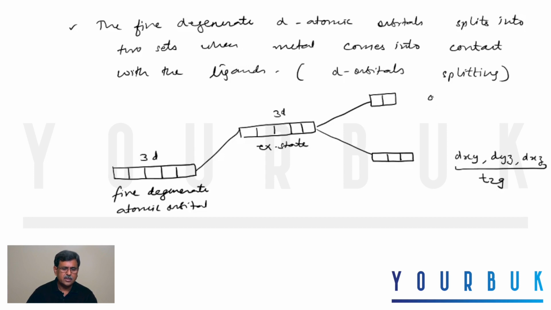These 2 are dx2-y2 and dz2. They have lobes along the axis, so they are repelled more strongly by the ligands, and these 2 together are called eg orbitals. The energy difference between t2g and eg is called delta O.